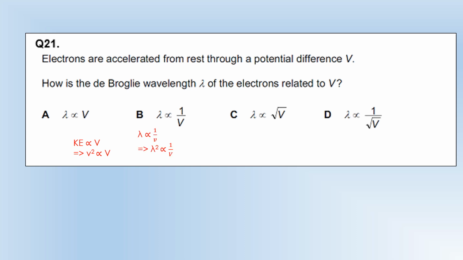Moving forward, we know that wavelength is inversely proportional to velocity, which means wavelength squared is directly proportional to 1 over the potential difference, or another way of writing that would be what it says in D, that wavelength is inversely proportional to the square root of potential difference.